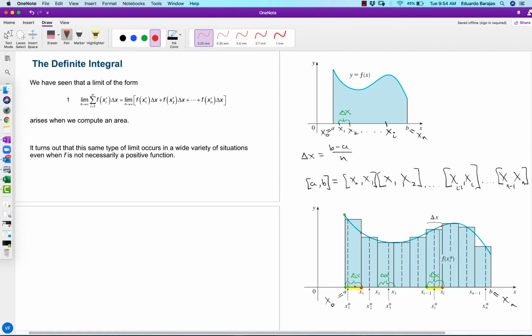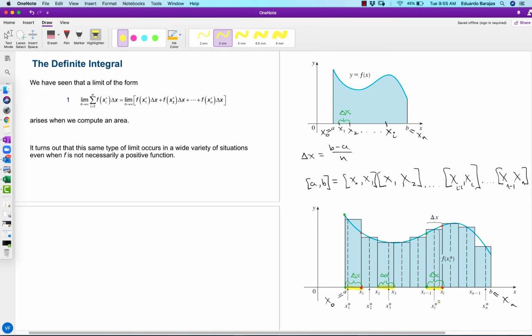So notice in this first rectangle, x sub 1 star is far to the left. In this rectangle, x sub 3 star is kind of far to the right within its own base. If you think about the base of that third rectangle, x sub 3 star is to the right of the middle, so it's not quite there, and so on and so forth. So we kind of randomly pick them.